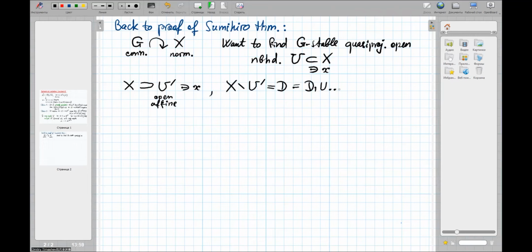And if you take a section S and act on it by some element g, then you get another section whose divisor is obtained from the divisor of the section S by the action of this element g.